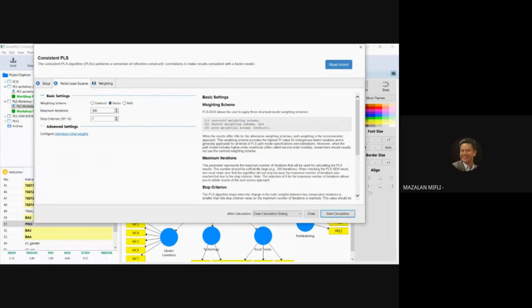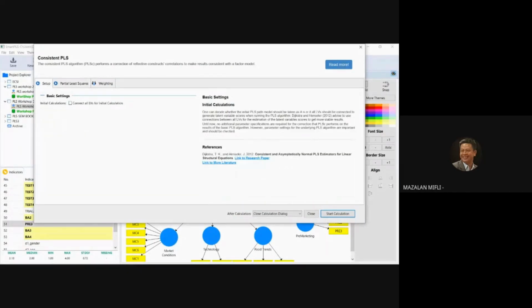So you click factors, then here you connect all the LVs for initial calculations. Obviously, it's already linked. Here I close the calculation dialogs, I don't intend to see it.